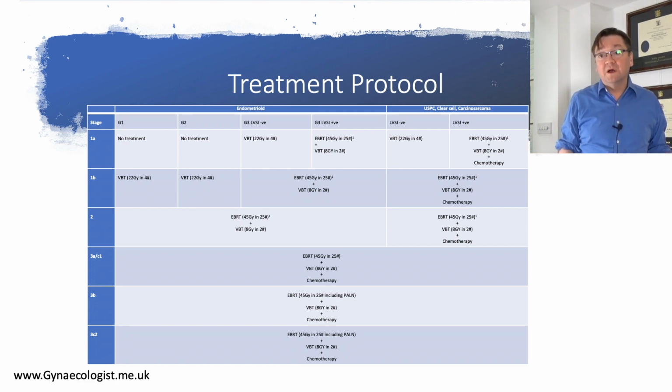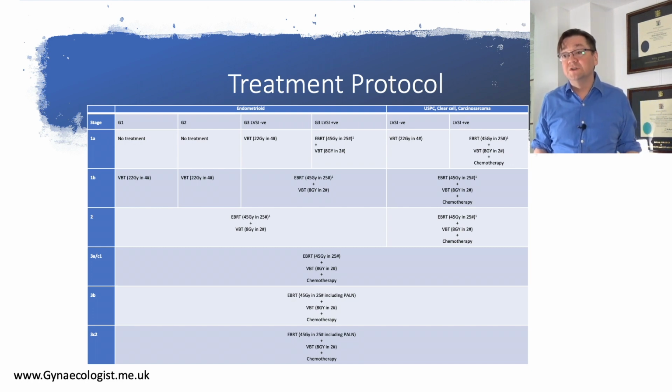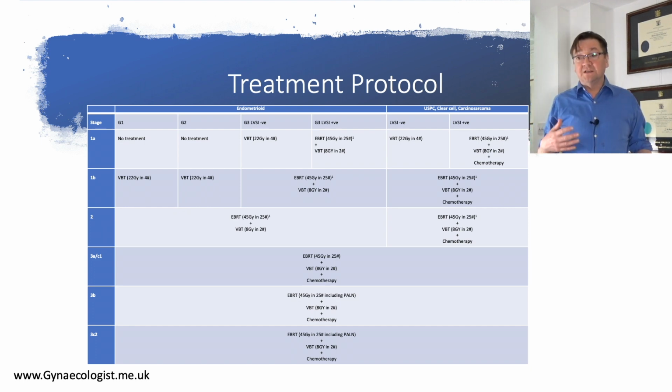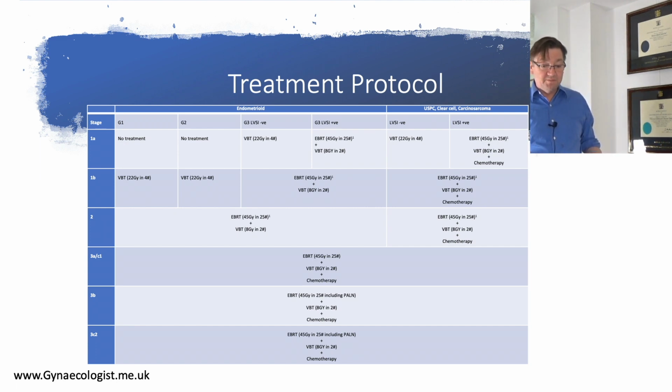For example, when we have a high-risk pathology or node involvement. So in this chart, which is on your handout, VBT stands for vaginal brachytherapy and EBRT stands for external beam radiotherapy. Different institutions have different protocols, but every institution should have a protocol.